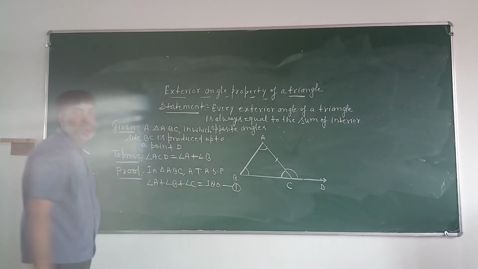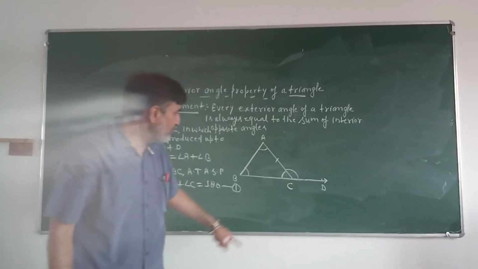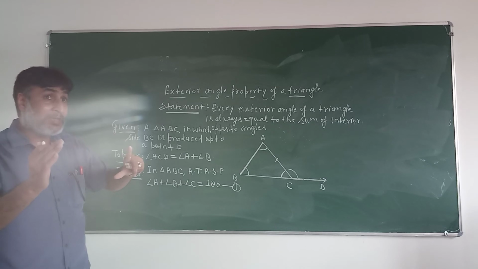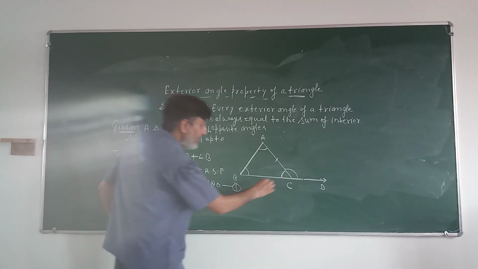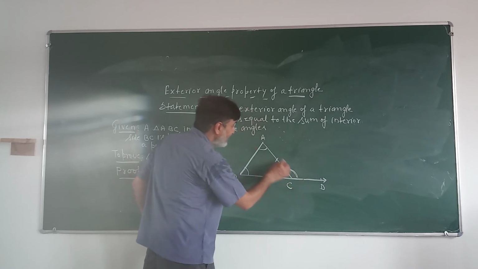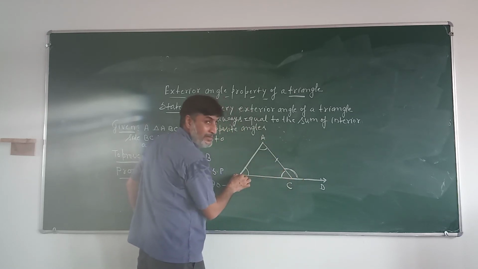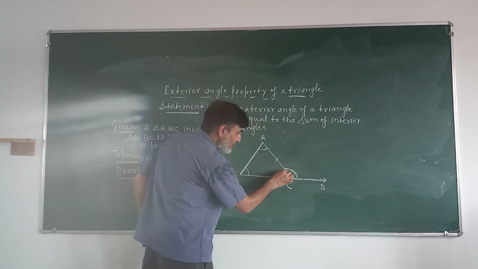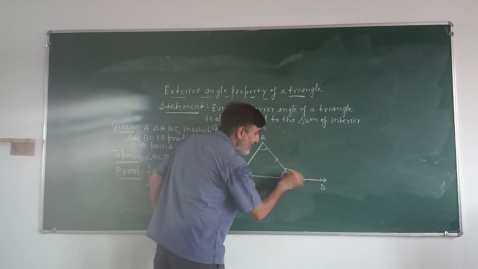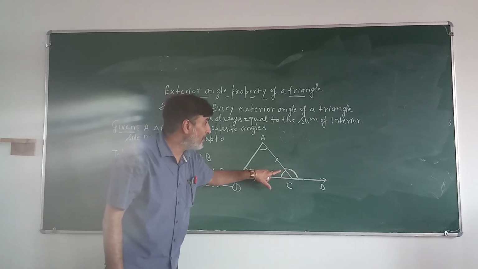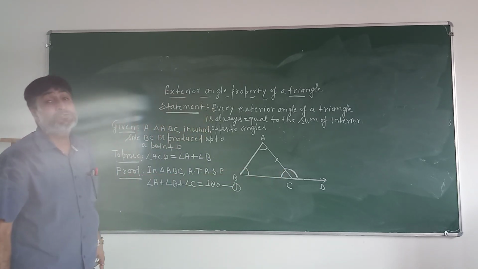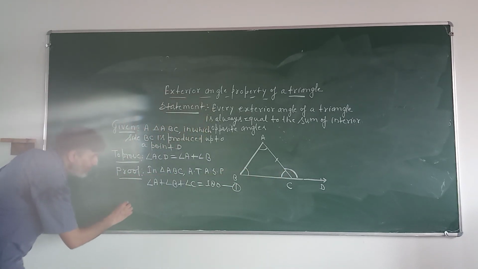Let this be relation 1. And now we use special type of adjacent angles which makes a linear pair. Here angle ACD and angle ACB, these two angles are adjacent angles which makes linear pair. So sum of these two angles is also equals to 180 degree.